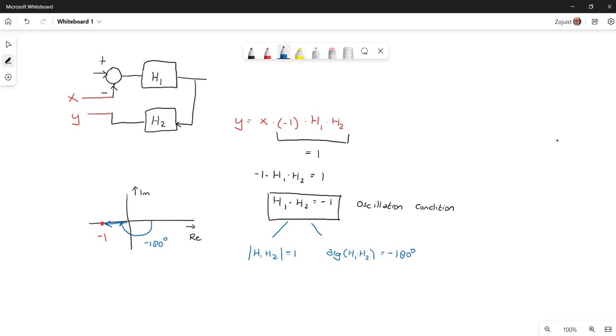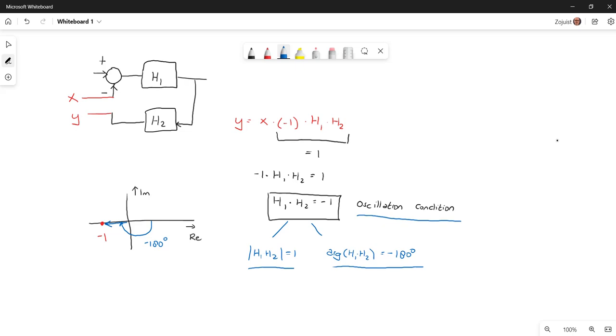We can also imagine that when there are more systems in that feedback loop, suppose that it's not only H1 but also an H3, then of course that H3 has to be taken into account. So the oscillation condition says that when the absolute value of the loop is equal to 1 and the phase of all the systems in the loop is equal to minus 180 degrees, then the system is oscillating at that frequency.